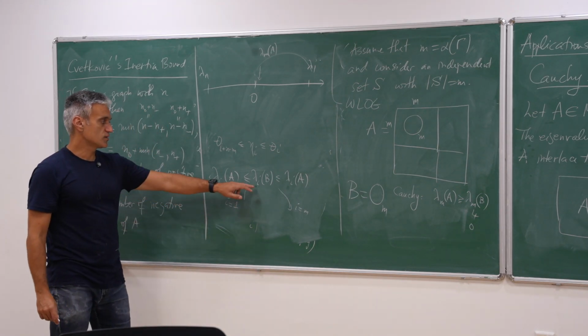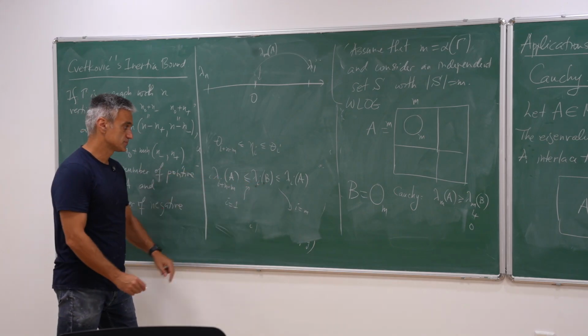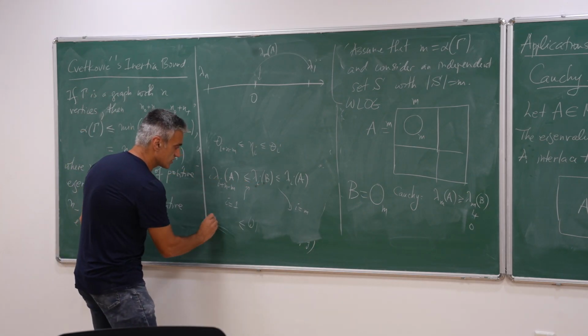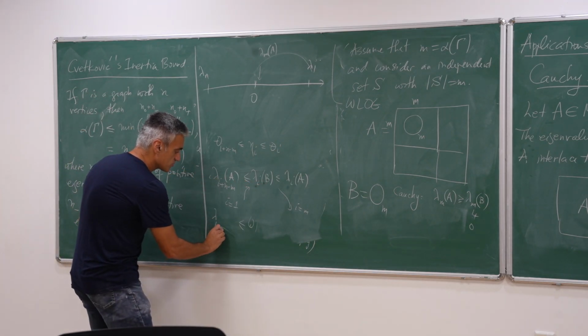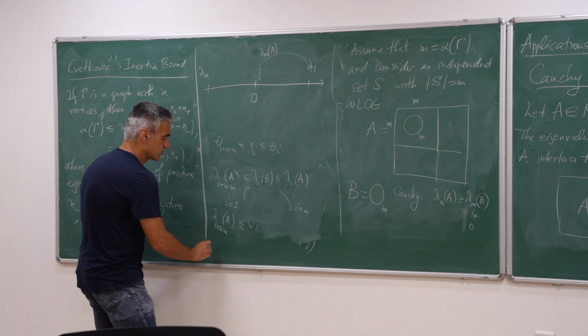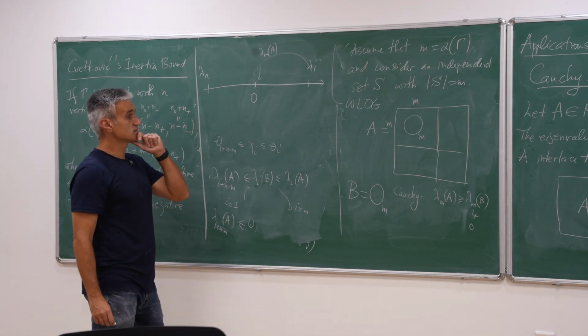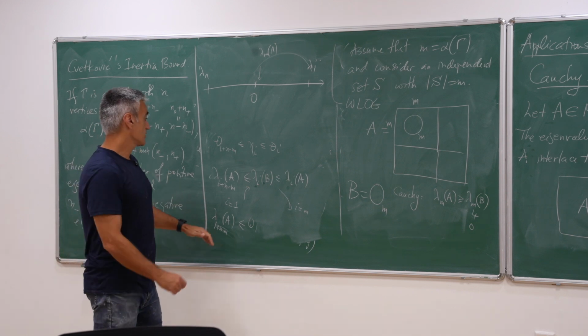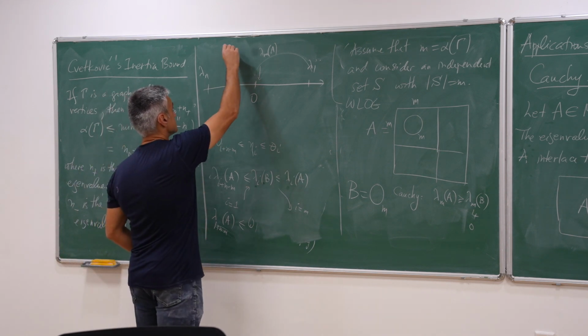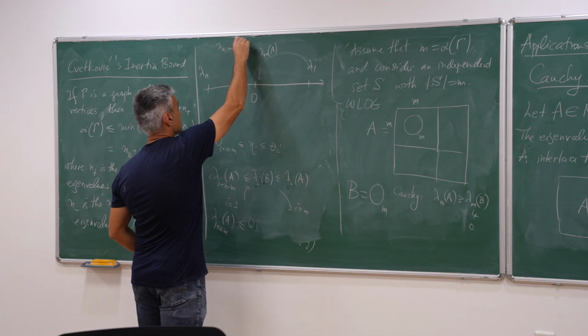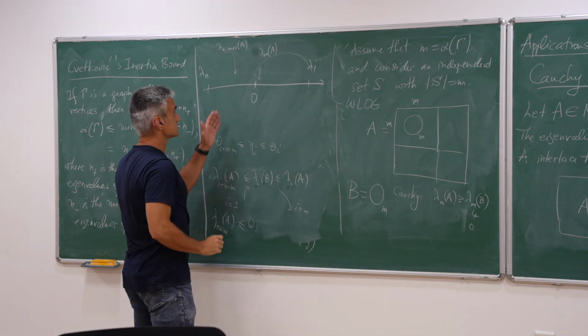If you take i equals 1, you know this is 0. So 0 is greater or equal to lambda_{1+n-m} of A. So lambda_m is here, and lambda_{n-m+1} of A is somewhere here.